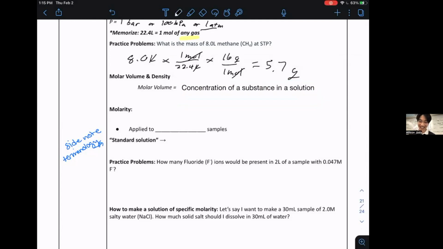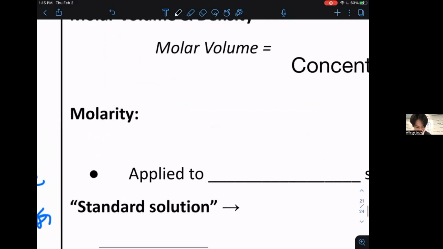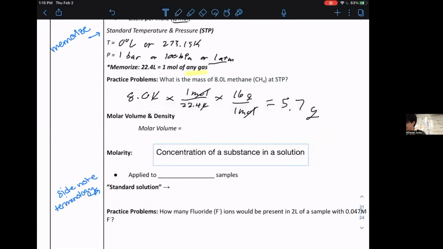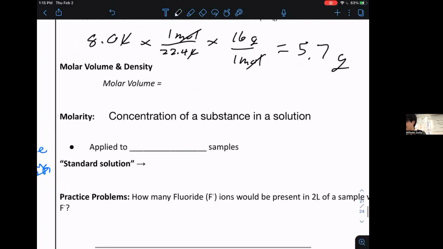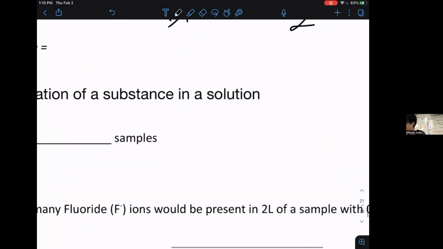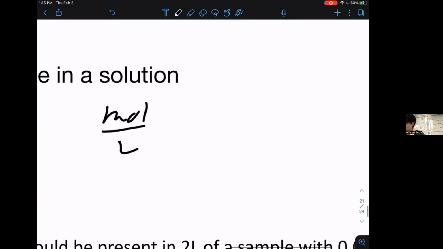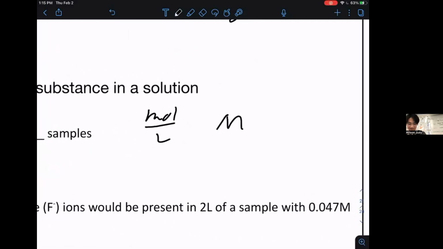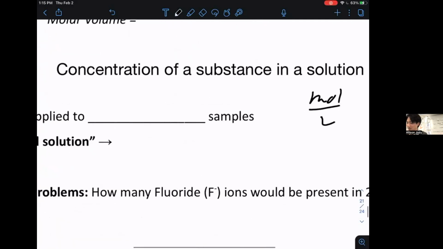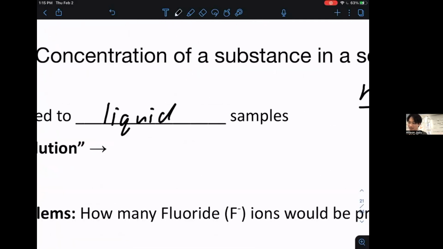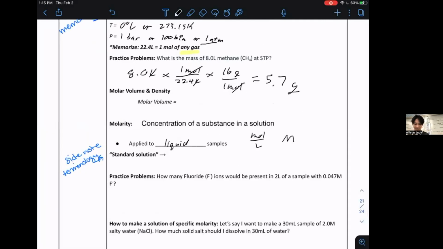Unlike molar volume, its units are moles per liter. And since we're going to use this a lot, we abbreviate this to capital M. It's applied only to liquid samples.